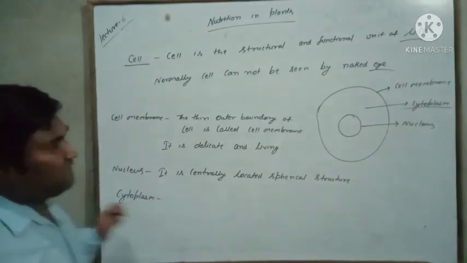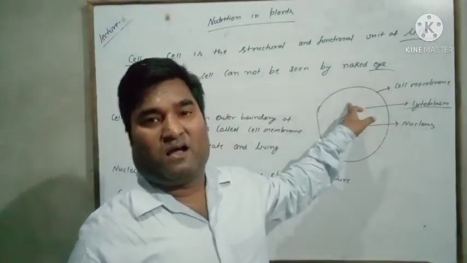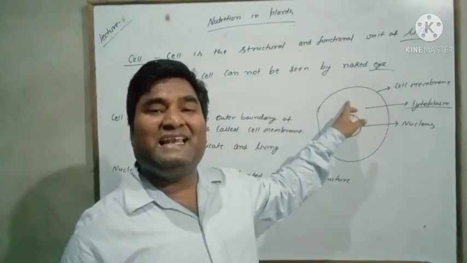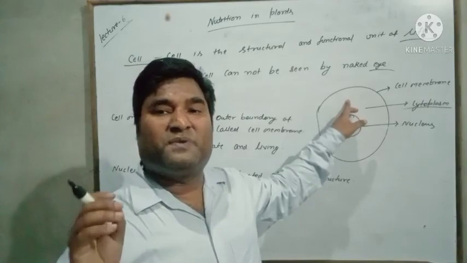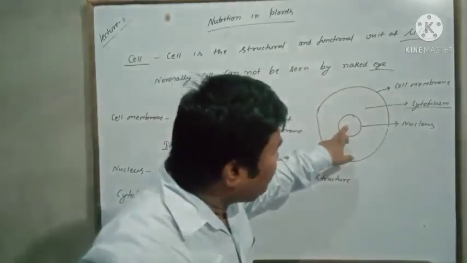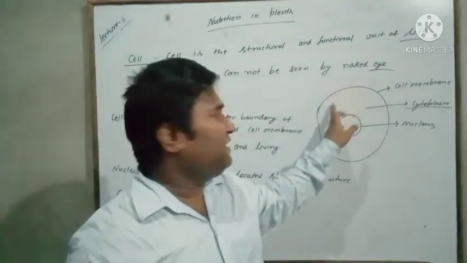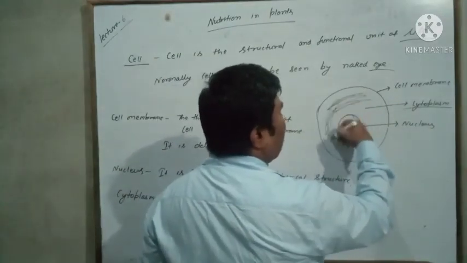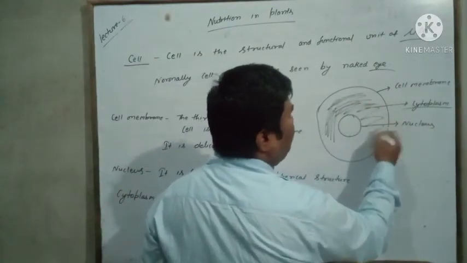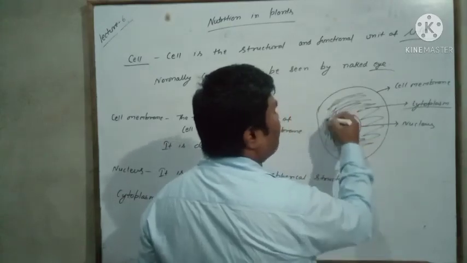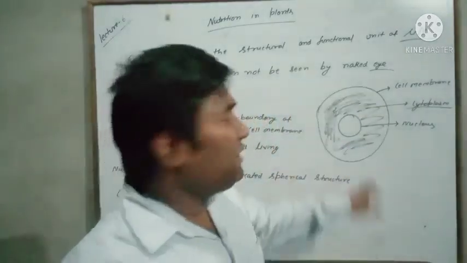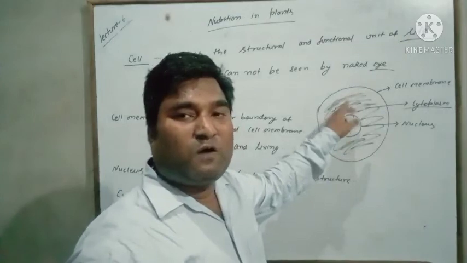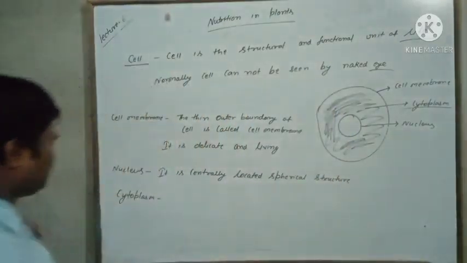Okay, this is nucleus. And next is cytoplasm. Viscous मतलब गाढ़ा, viscous jelly like liquid present between nucleus and the cell membrane is called cytoplasm. This area, this have a jelly like liquid, and this jelly like liquid present around the nucleus is called cytoplasm.